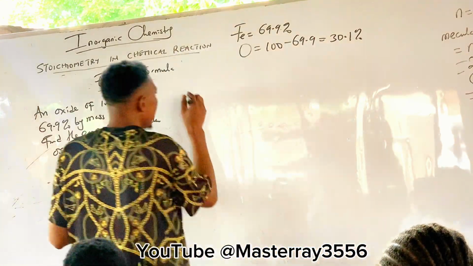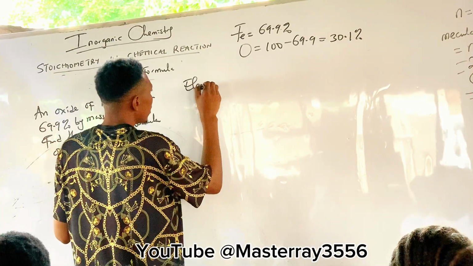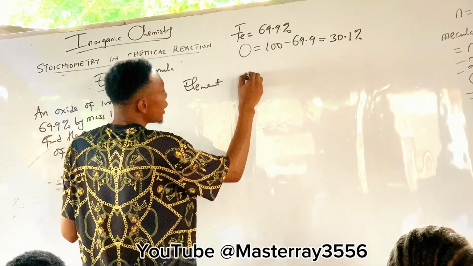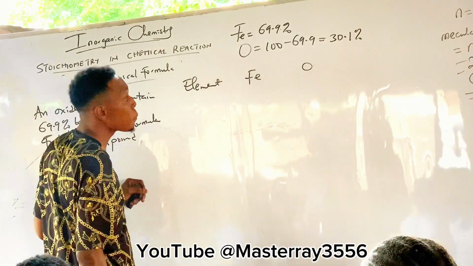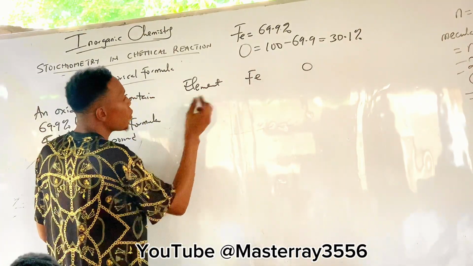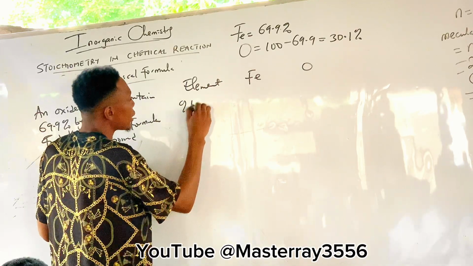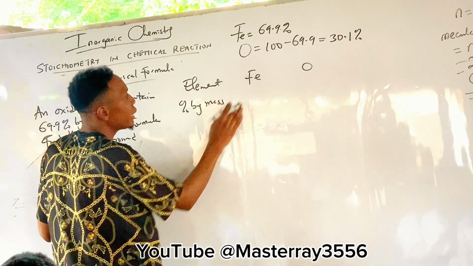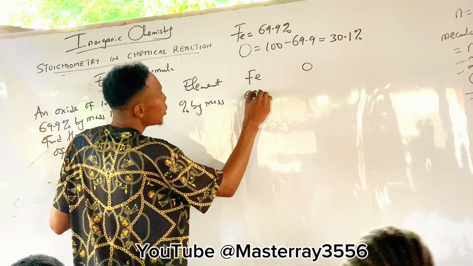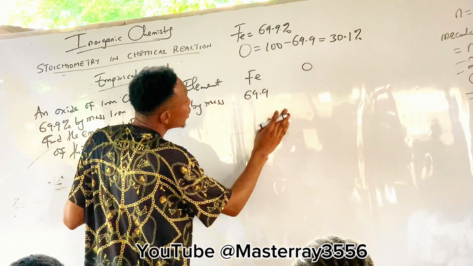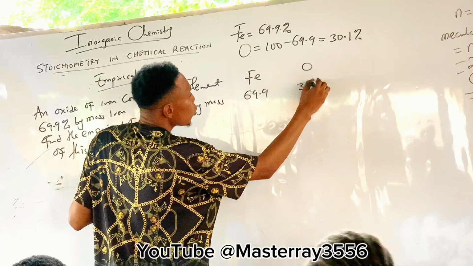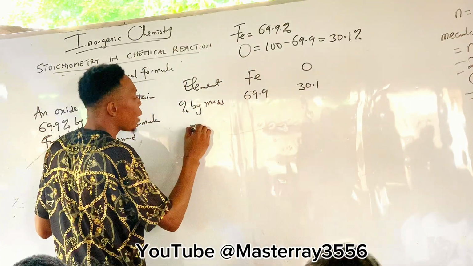Now we have the elements. The elements are iron and oxygen. Then we have the percent by mass. What is the percentage of iron? 69.9. And what percentage of oxygen? 30.1.